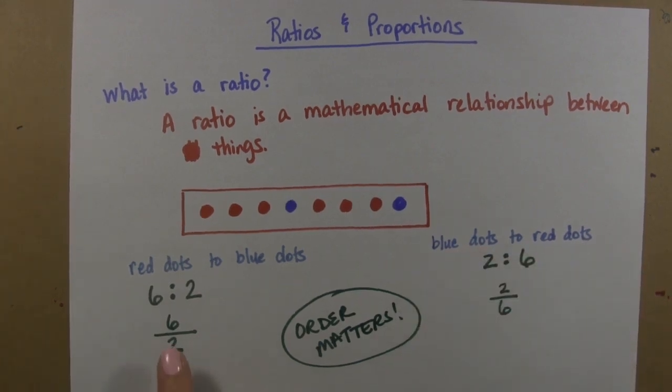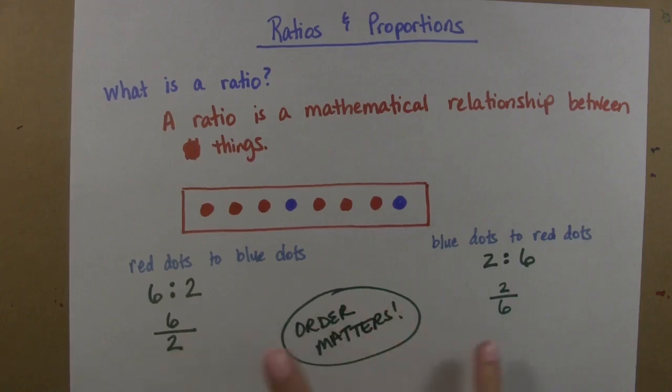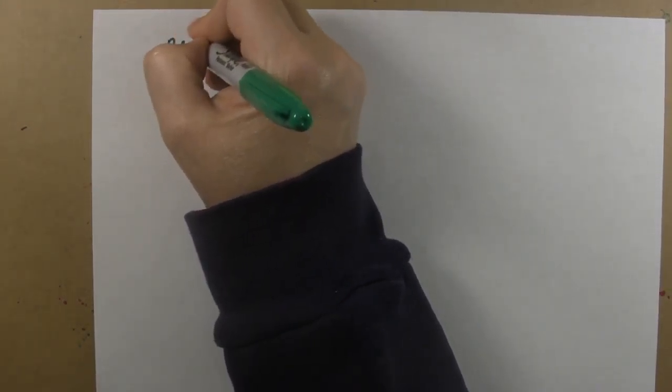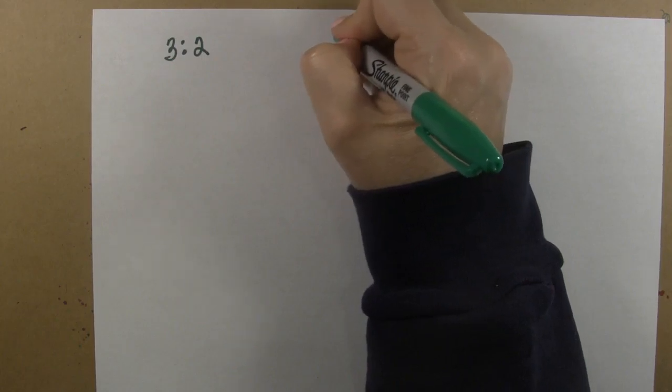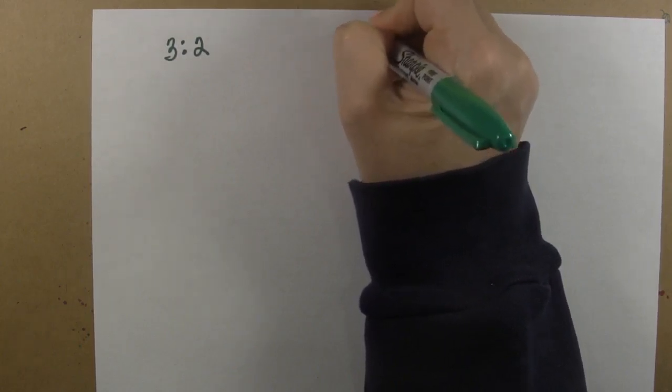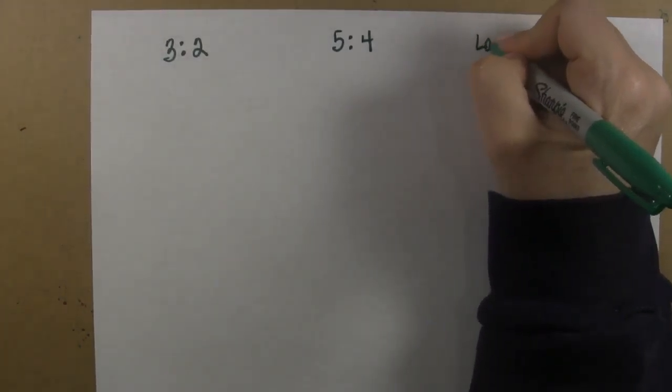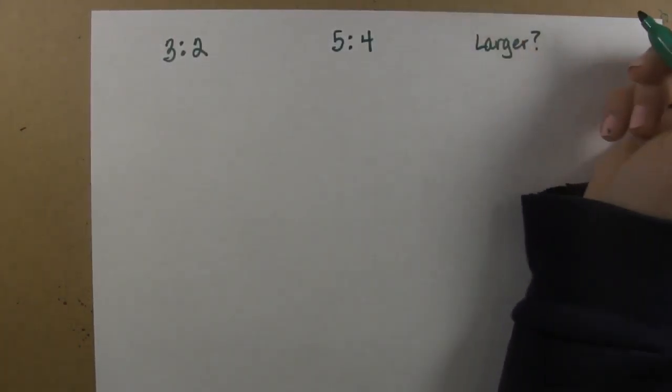Now, one of the advantages of setting your ratios up in fractional form like that is that it makes it much easier to compare. So for instance, let's say that I gave you these two fractions. I gave you 3 to 2 and I gave you 5 to 4. And I said, which fraction is larger?